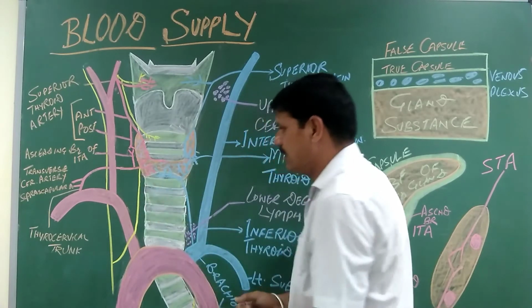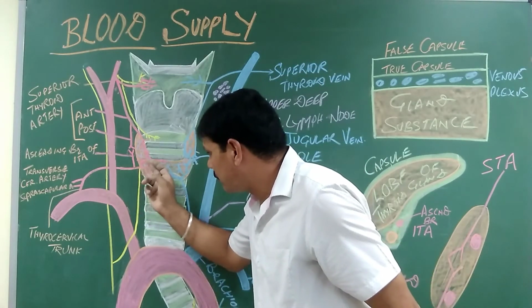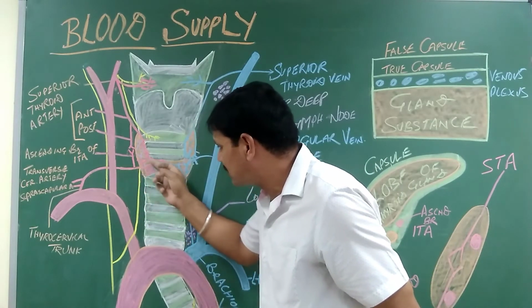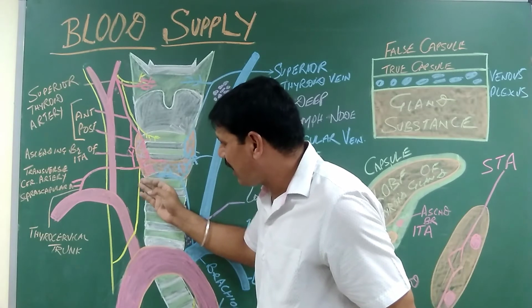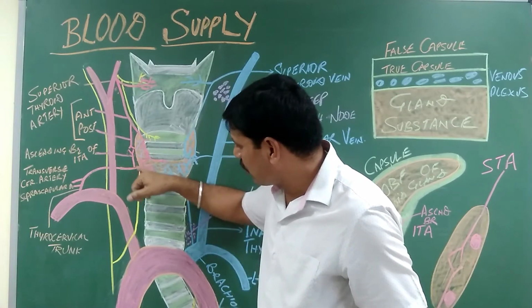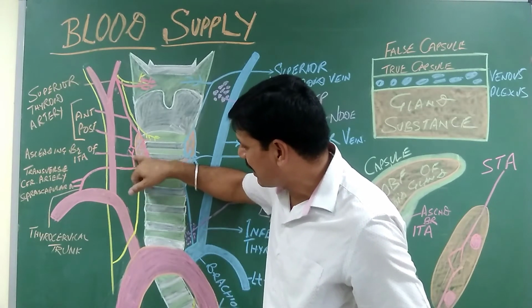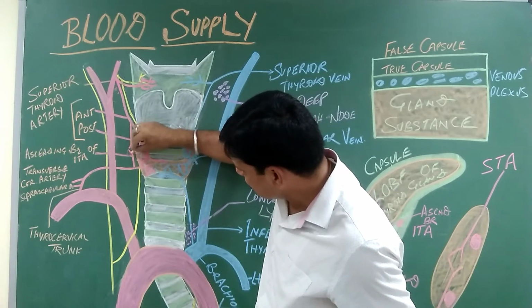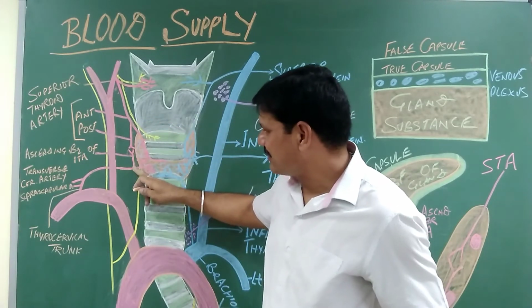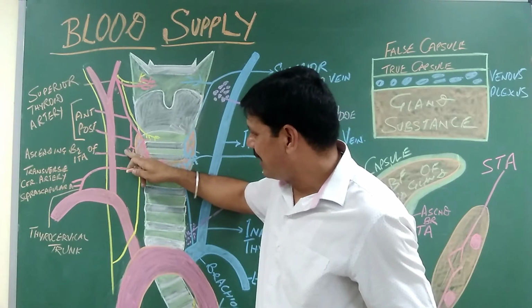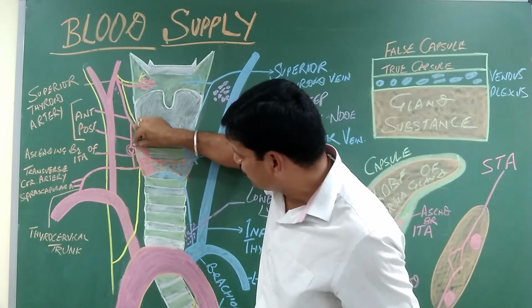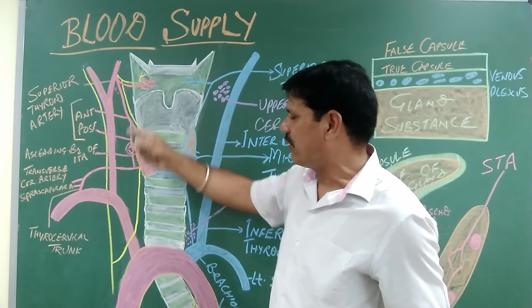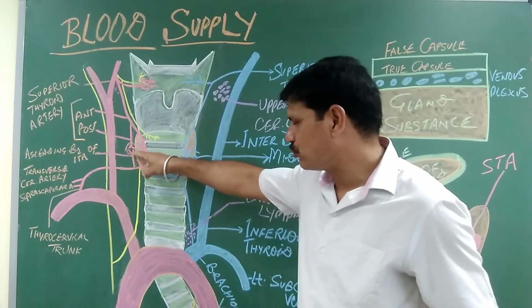Here it gives 4 to 5 glandular branches which supply the gland, and along the posterior border it gives one branch, known as the ascending branch, which anastomoses with the posterior branch of the superior thyroid artery.